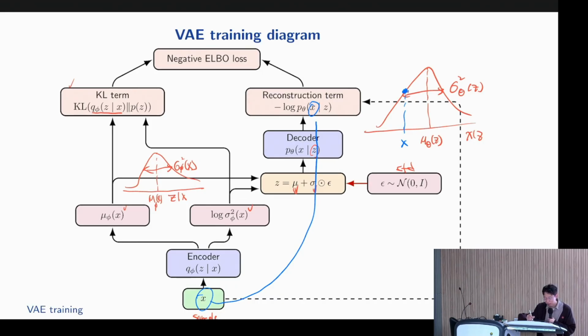Blue component requires you to evaluate encoder decoder, and the KL term you can directly compute after having evaluated the encoder. Okay. Combine the two terms. That's your objective, that you hit backprop.